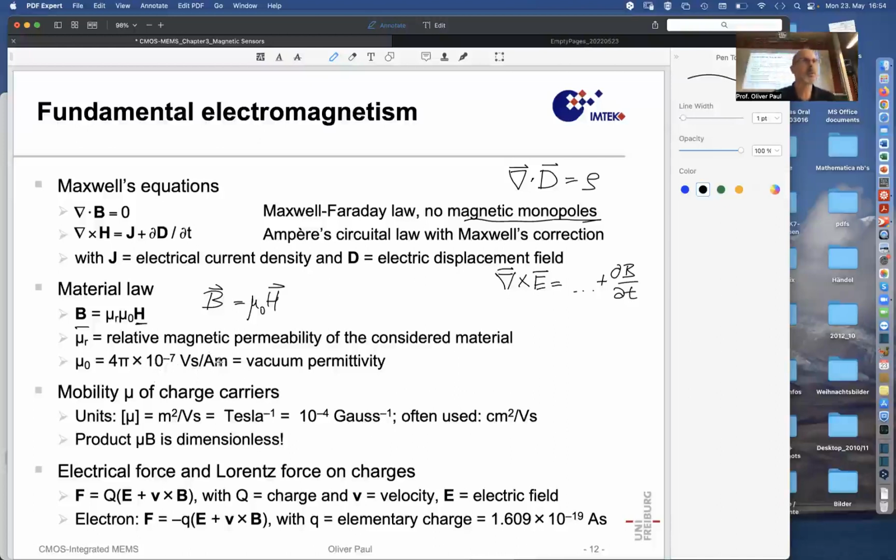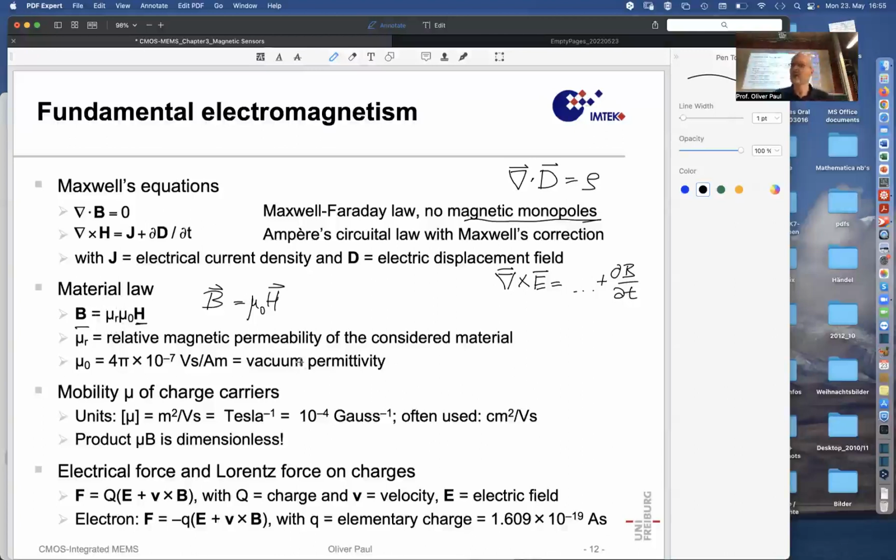Funny units. But in materials, materials somehow enhance one of those fields, namely B. In the presence of H, B must be stronger, and then there is this relative permeability, magnetic permeability, mu R, for relative, of the considered material.